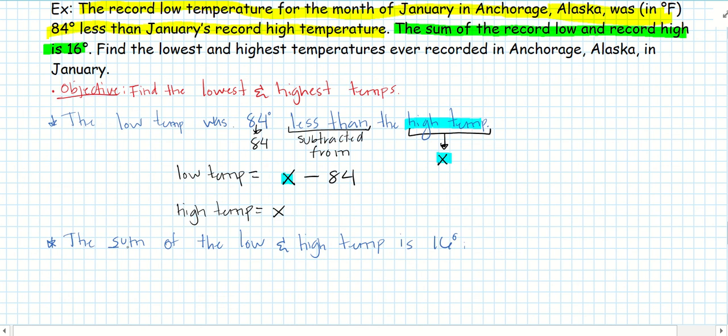Sum means plus, right? That means we're going to add. So we're going to add the low temperature plus the high temperature. So I'm going to have X plus X minus 84 equals 16. Okay.